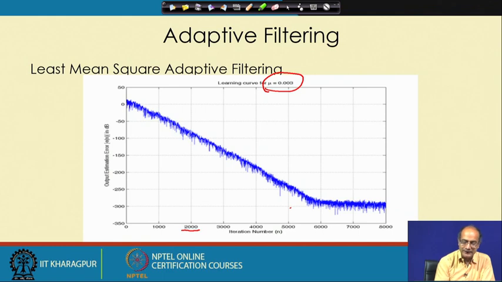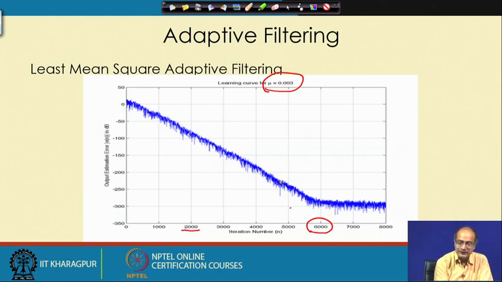Now, if we make mu even smaller, 0.003, what is happening in that case? Instead of 2000, now it is taking almost 6000 iterations to converge, and it is again converging to the same value, minus 300 dB, and again there is some amount of noise at the time of adaptation as well as after the convergence.